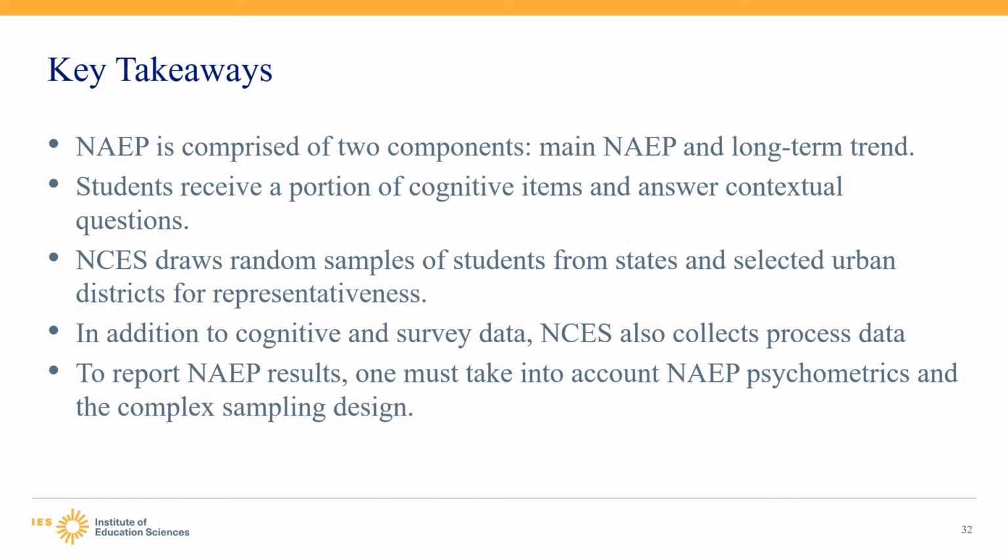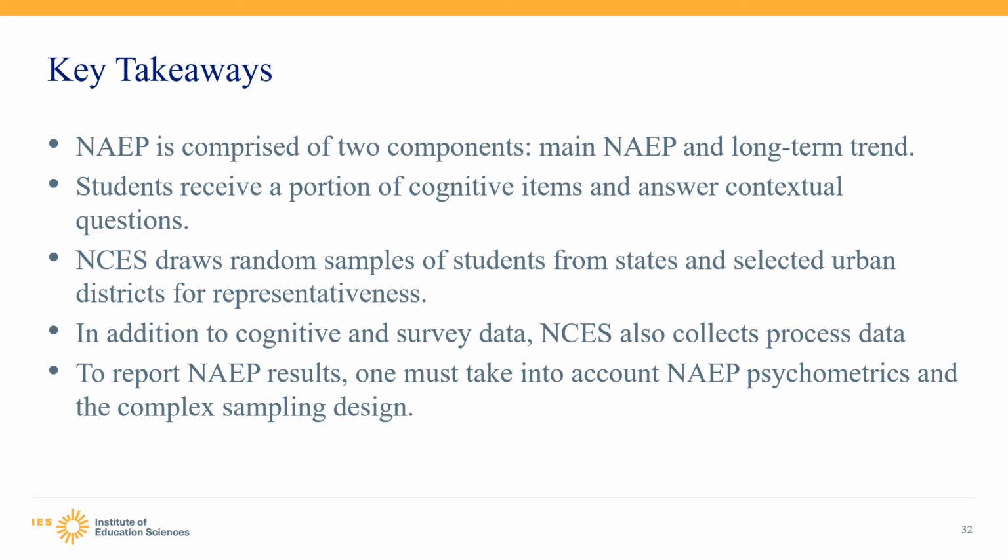We learned that NAEP has two main components. The main NAEP, that is a grade-based assessment, and a long-term trend, that's an age-based assessment. NAEP uses complex sample design to select the students. Each student is assessed using only a short form made of a sample of items and survey questionnaires.